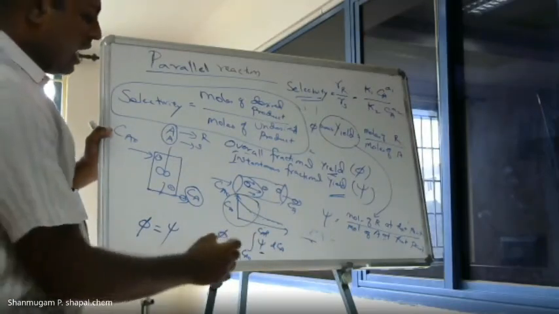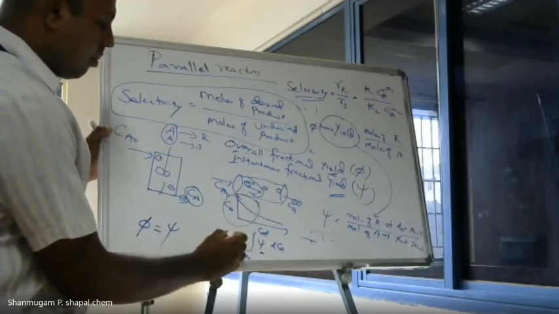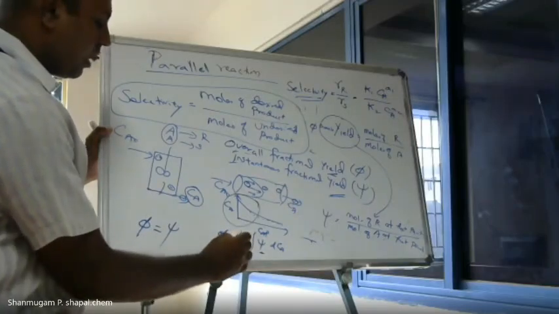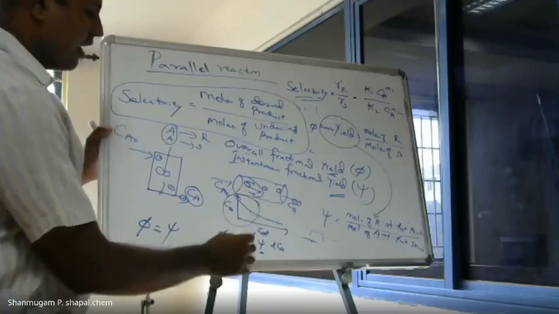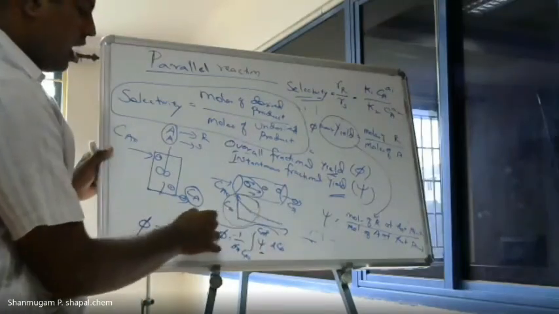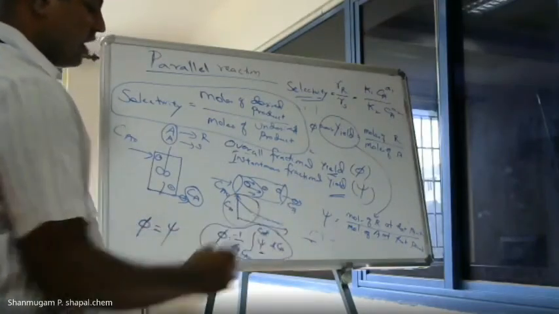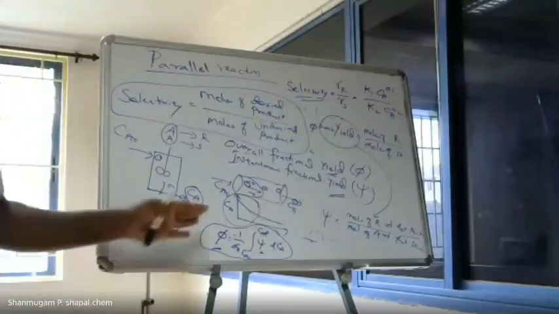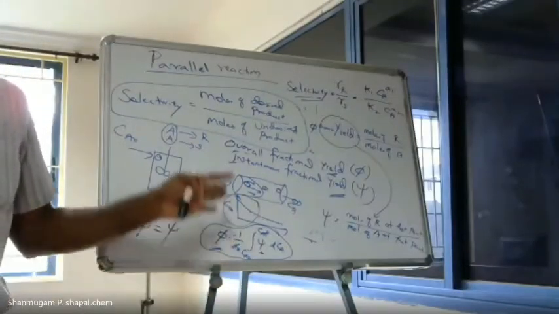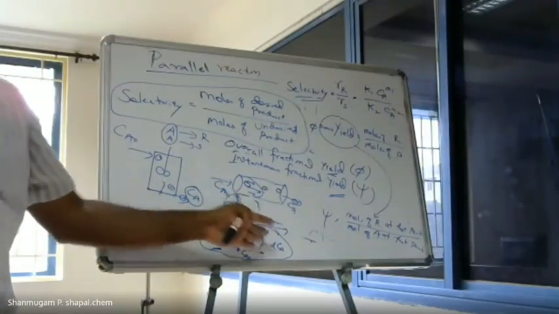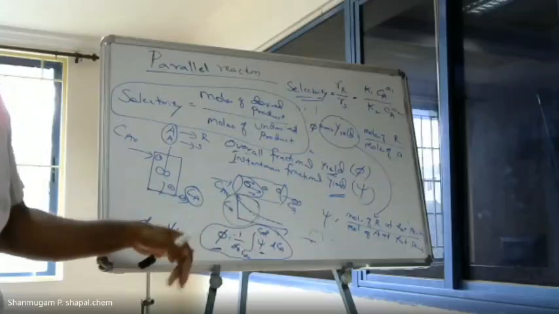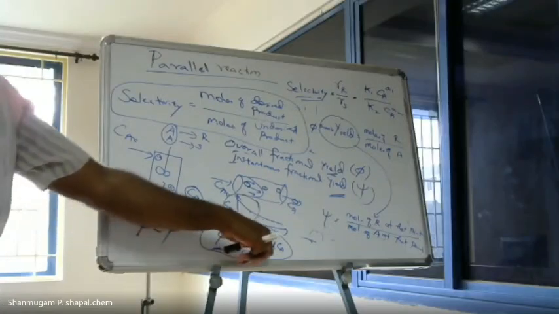And here they will consider one more thing, that they will put 1 by delta CA, because this is a long derivation. I don't want to go through the derivation here. I just want to say what is the reason behind it. This is the actual connection between the phi and psi.